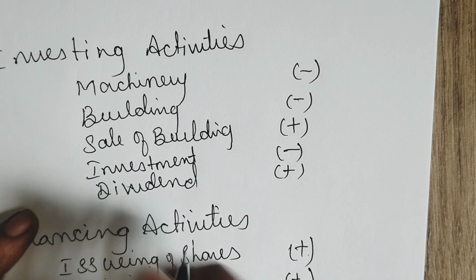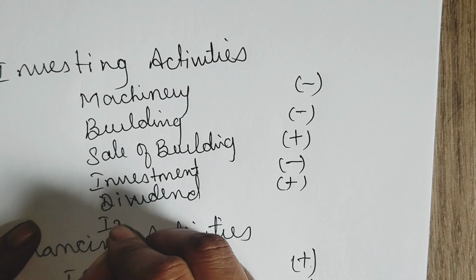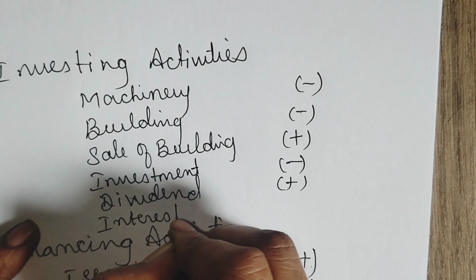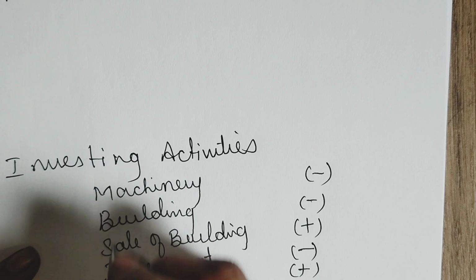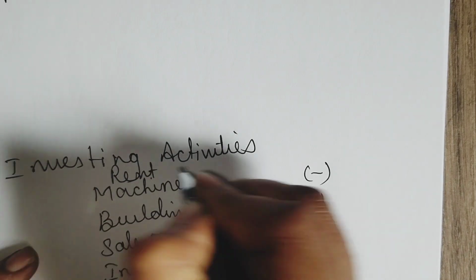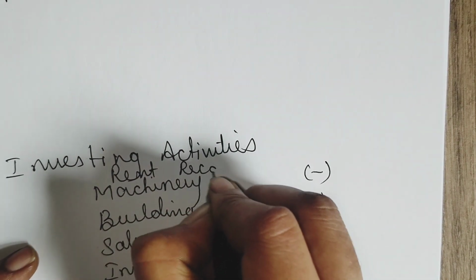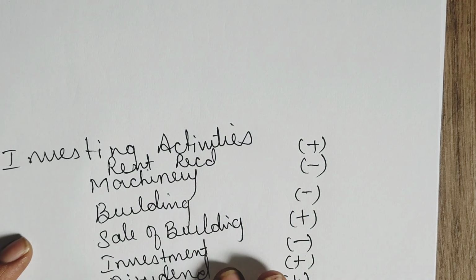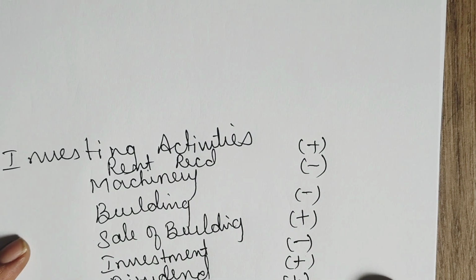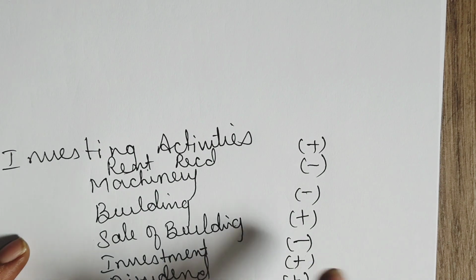You are receiving interest, you have done investment, interest received. You have a building, you have received rent. This all comes under investing activity, whatever investment you have done.